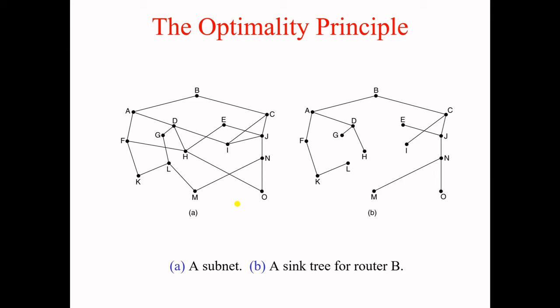This statement is known as the optimality principle. It states, as we see in this diagram, there are so many alphabets written A, B, C, D, and there are so many points. These dots act as routers in this network.